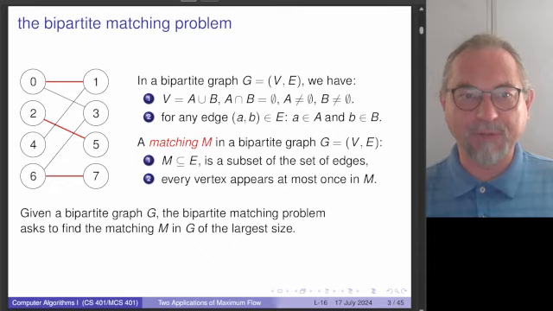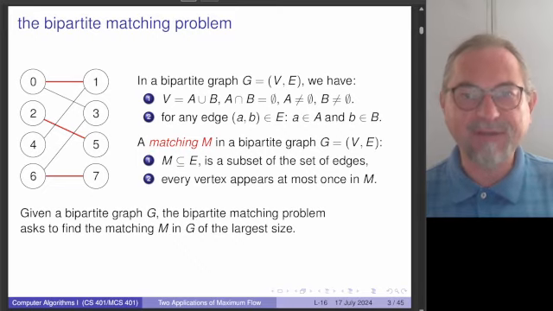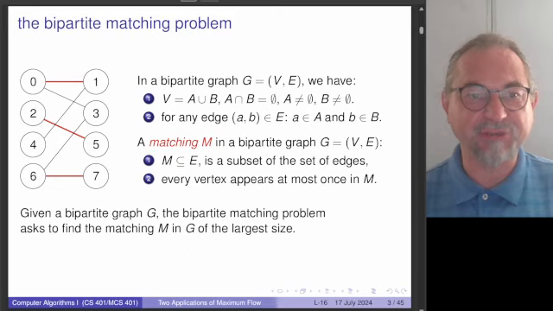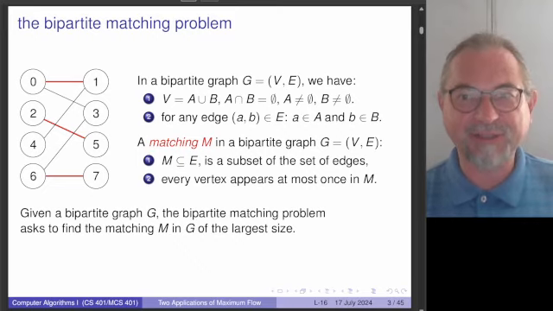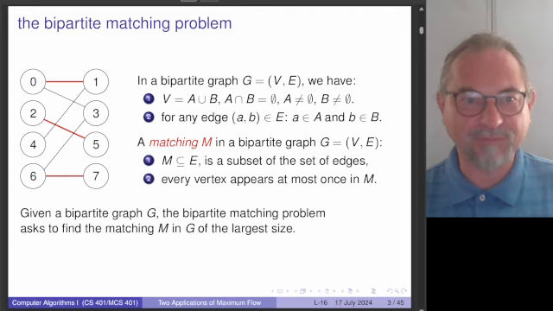So we want to pick as many edges as possible. Here you see in this graph, the size of the matching is 3, but there is actually a matching that is perfect. We will illustrate this.